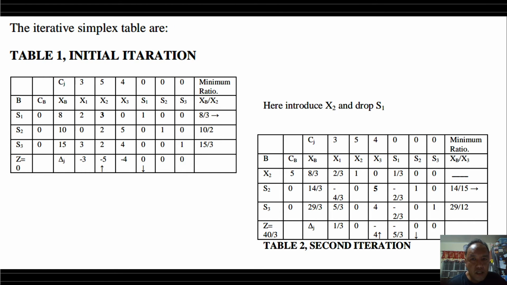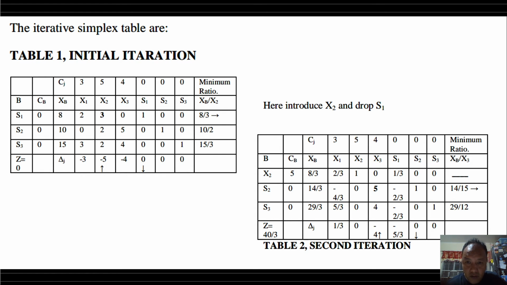You could see that there is introduction of x2 by simply dropping the S1 here in table 2. Now, x2 under S1, so mag-crisscross tayo sa x2 and S1, x2 for the column and x1 for the row, you divide it by 3, kaya lalabas na yung 1 dito under x2.